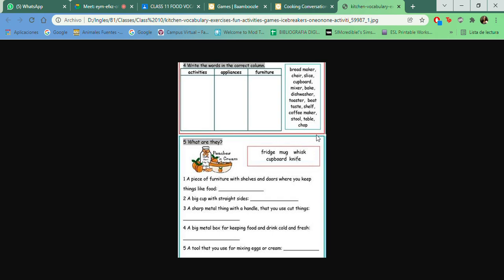Maybe we can start with the verbs. What are they? Slice, very good. What else? Bake. Chop. Beat. Very good, excellent. Taste. You have taste there. Remember the adjective is tasty.